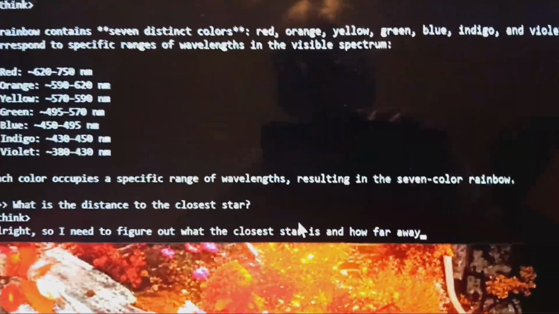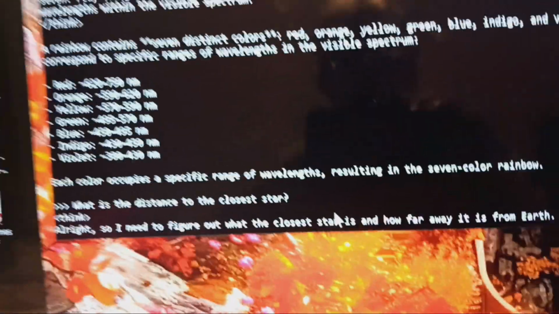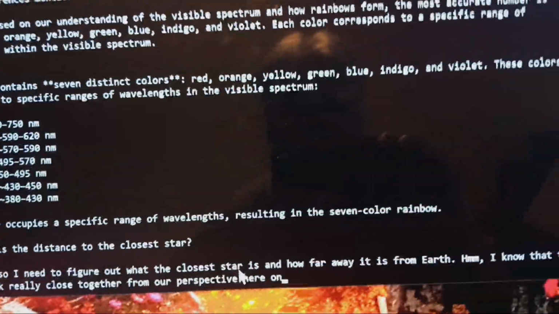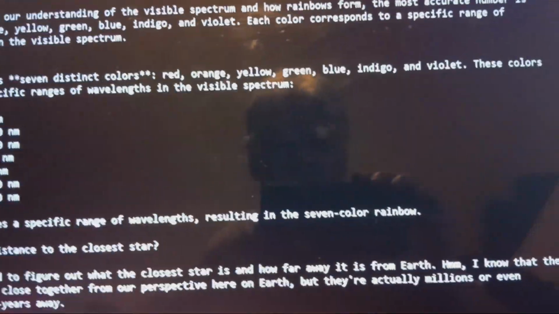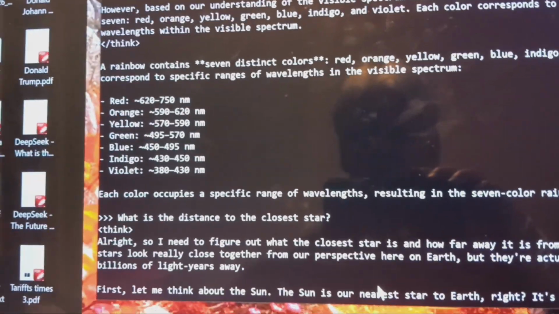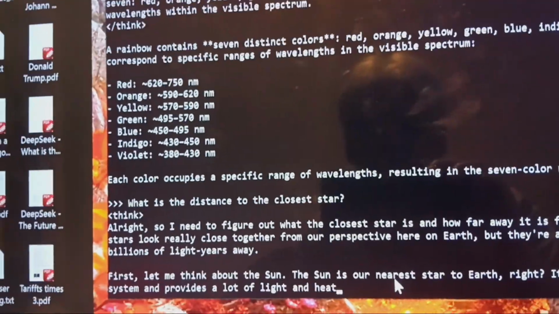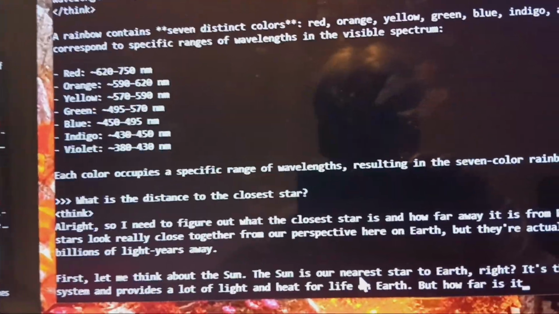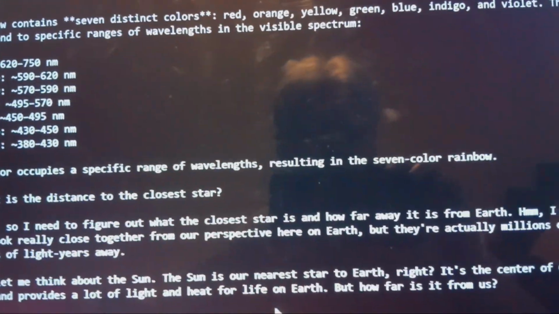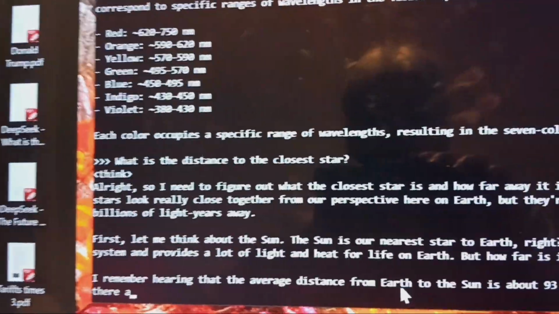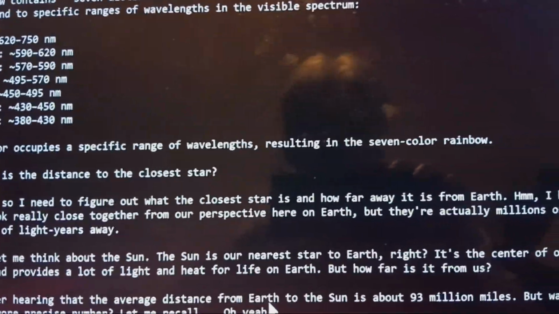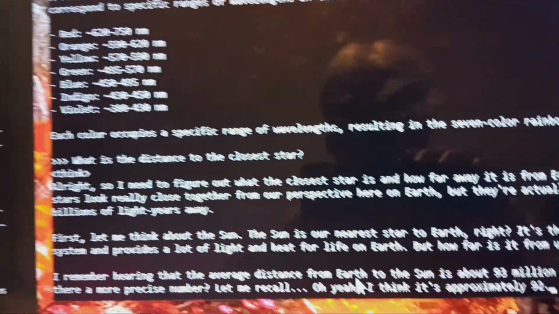So it says, so I need to figure out what the closest star is and how far away from the Earth. I know that the stars look really close together from our perspective here on Earth, but they're actually millions or even billions of light years away. But first, let me think about the sun. The sun is our nearest star to Earth, right? It's the center of our solar system and provides light. Okay, so yeah, that is the closest star.